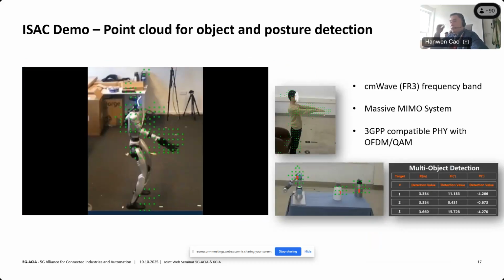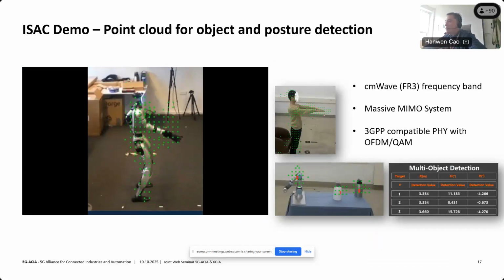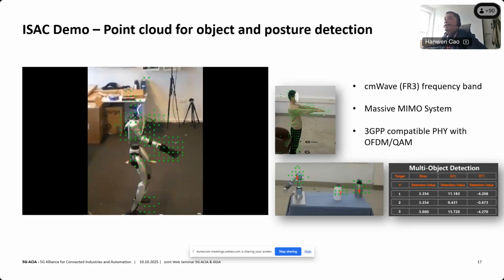Next, we can leverage ISAC to detect human locations, the location of objects, and also the postures of humans and robots, in the same way leveraging OFDM QAM waveforms. We explore the centimeter wave, the alpha 3 frequency band, for this test-based study.